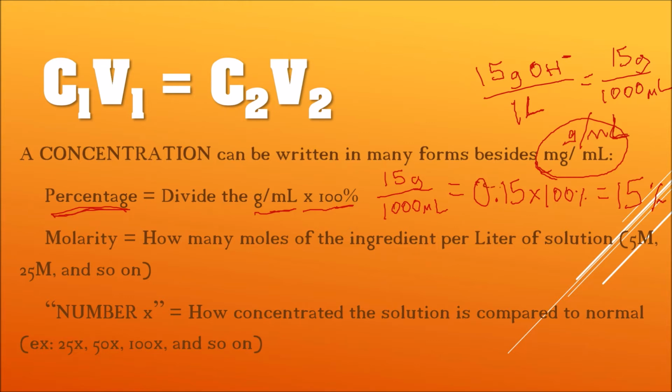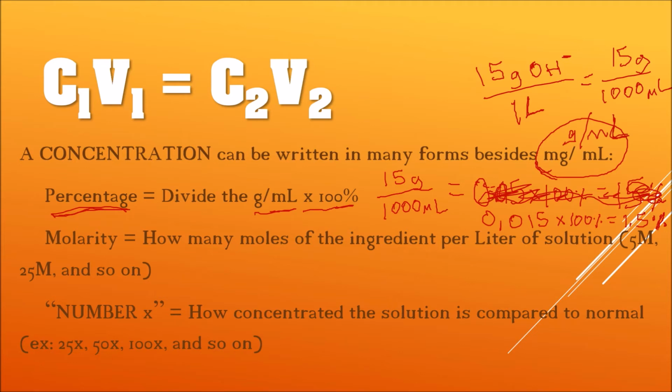Oh, I'm sorry, 0.015, I knew that was wrong. 0.015 times 100% equals 1.5%. If you thought that was wrong before, congratulations, you're paying attention.